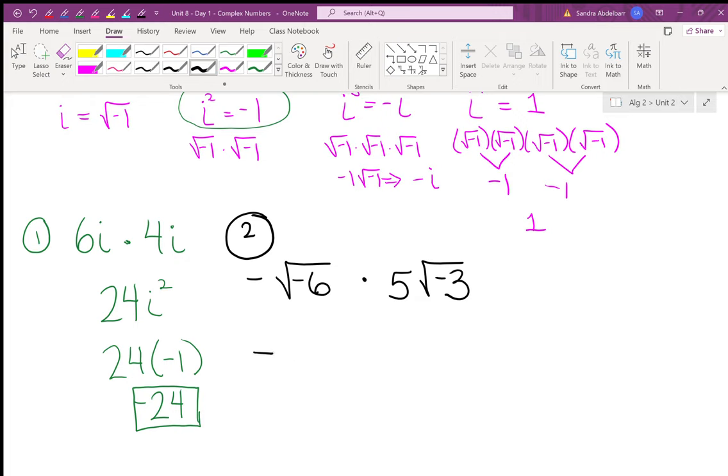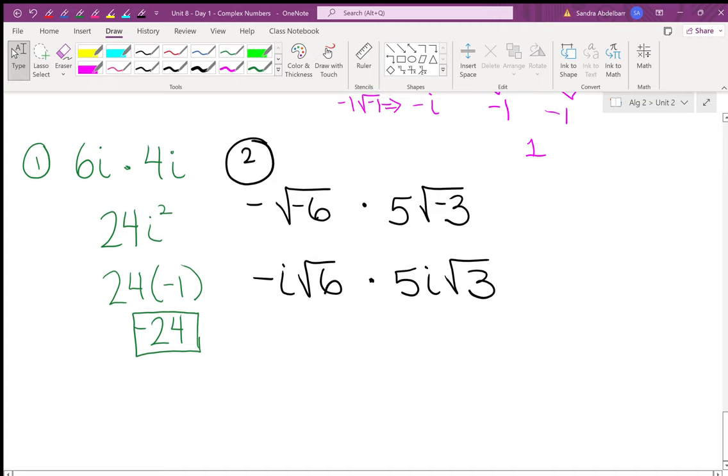So this becomes negative I root 6 times 5I root 3. Yes, we agree with this? Okay. So now that I pulled out the negatives, I'm not dealing with the negative under the radical anymore. Now can I multiply? Yes, now you can multiply. So I have negative 1 times 5 is a negative 5.